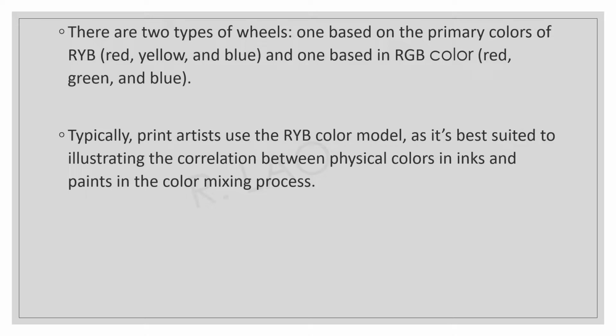Traditionally, our basic colors are the RYB, not the RGB. Typically, print artists use the RYB color model, as it's best suited to illustrate the correlation between physical colors in inks and paints in the color mixing process.